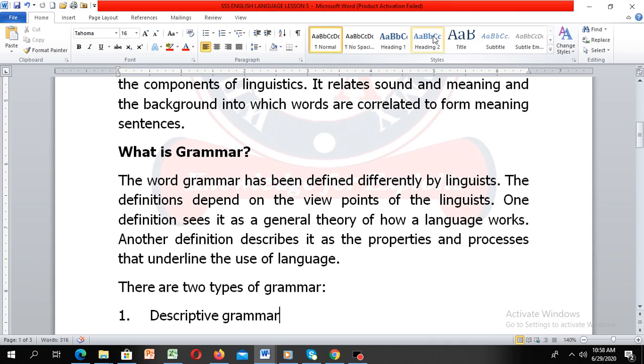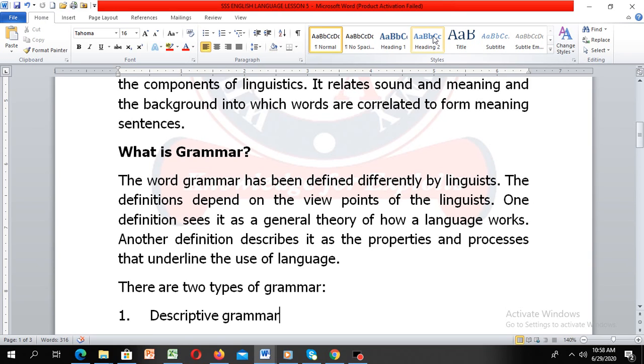The word grammar has been defined differently by linguists. Remember, linguists are people that study a particular language. English is the language that is used almost all over the world to study and to do other things. So, linguists are those that study about language.